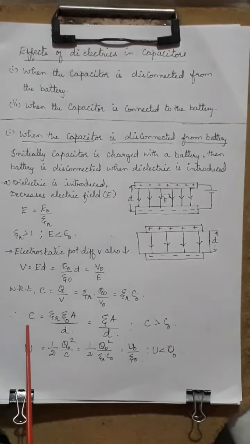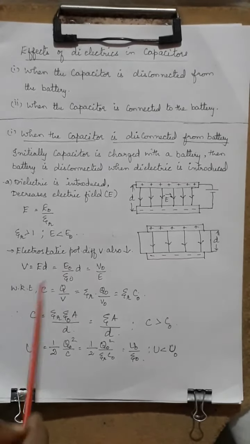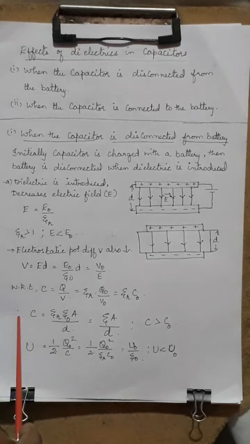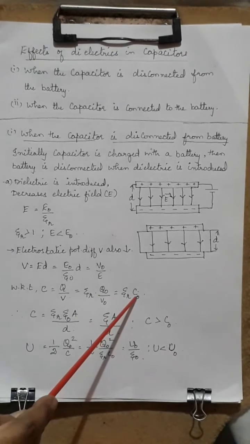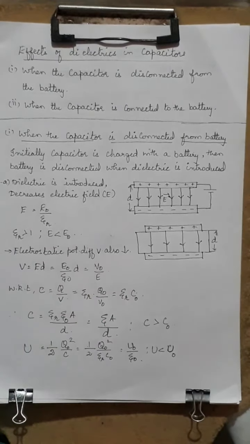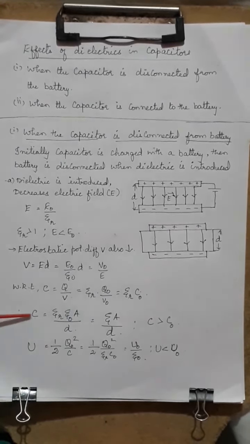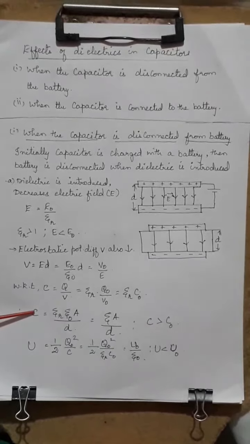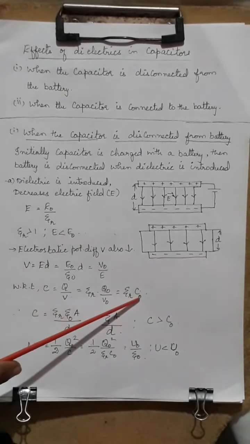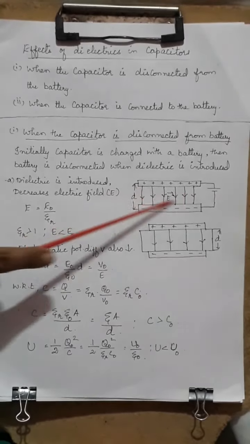That is, C is where the dielectric is introduced, and C naught is the capacitance in air.